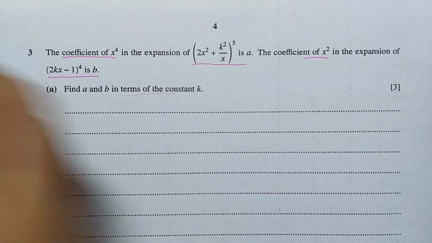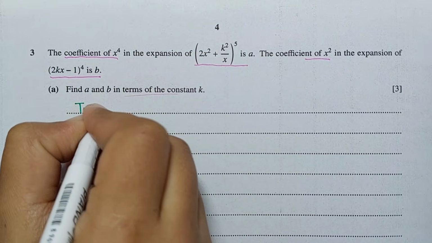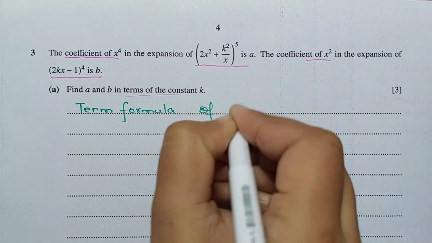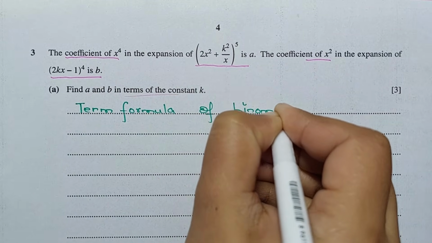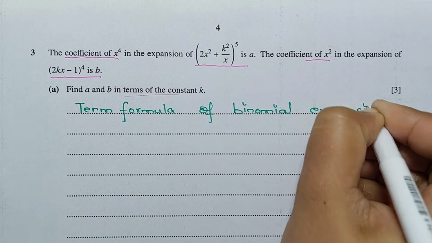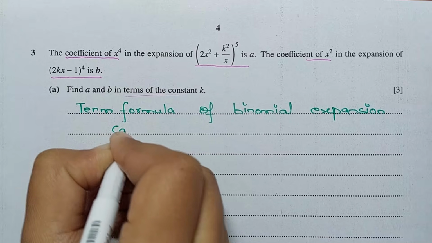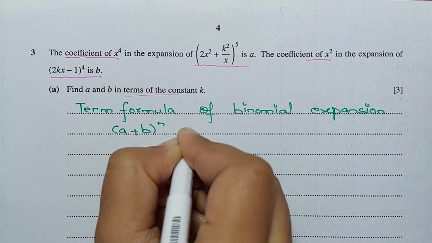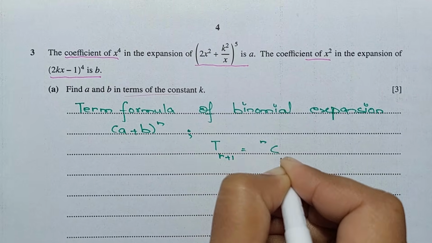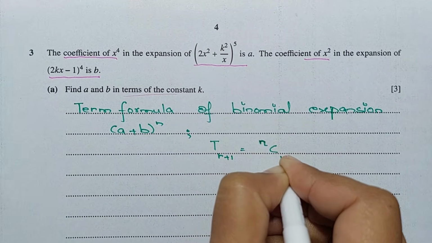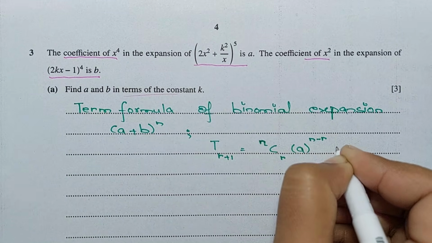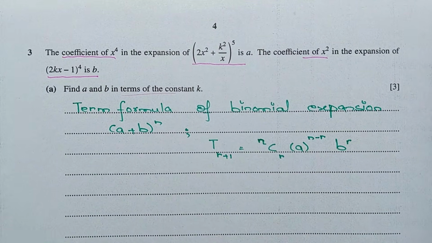We know that the term formula of binomial expansion (a plus b) to the power n, T(r plus 1) is equal to nCr a to the power n minus r and b to the power r.